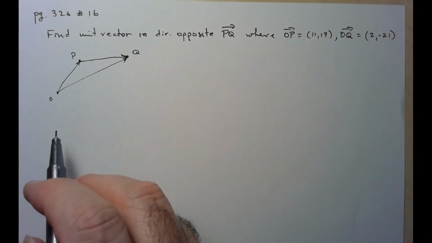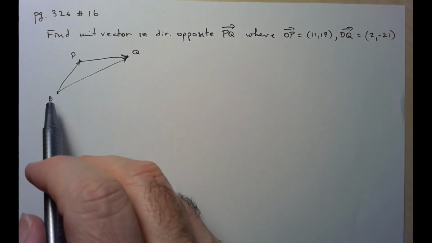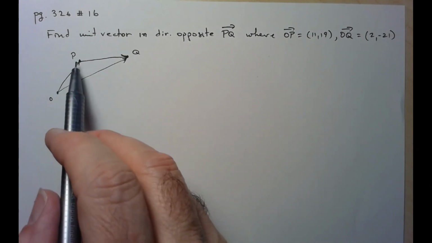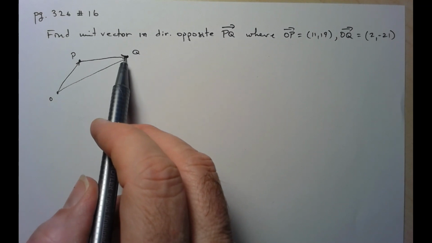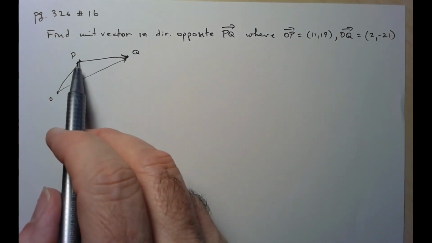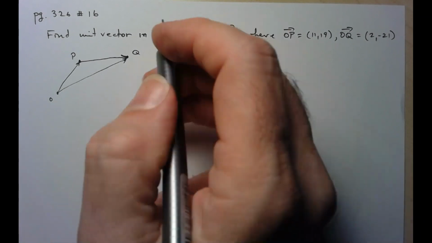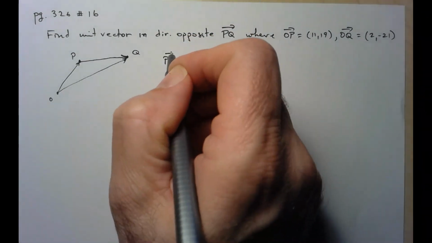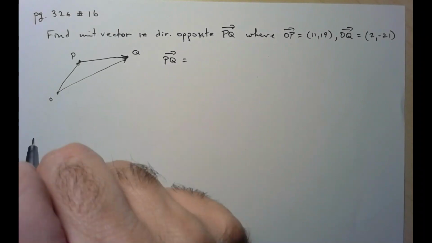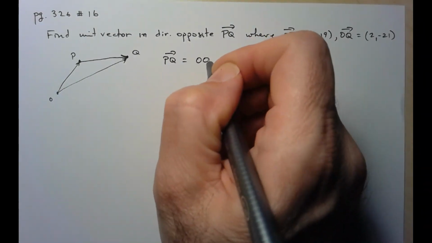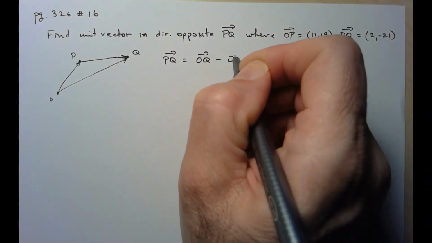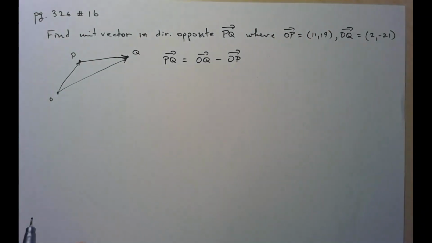But we have to make sure we do it in the correct order, because here we're going from P to Q, so we know that this needs to be the tip of the second vector to the tip of the first vector. So we recall that vector PQ is given by OQ minus OP. Just a reminder how we got that.